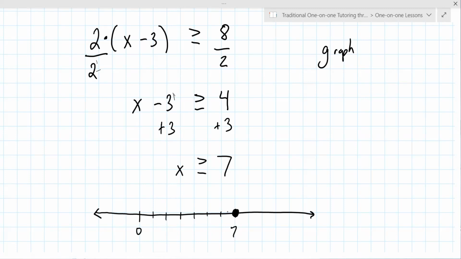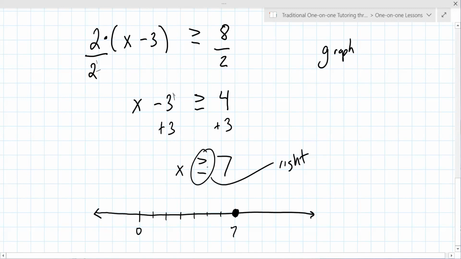Yeah, so you're going to shade right because it's greater than or equal to. So draw a line to go to the right, and then that's the answer. Yes, you got to go to the right.